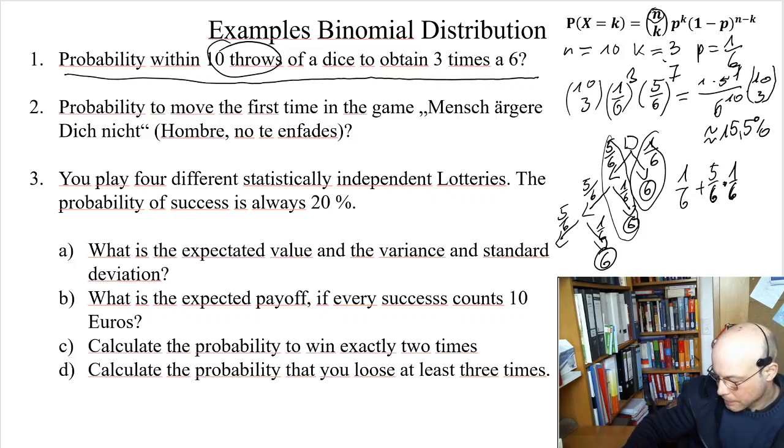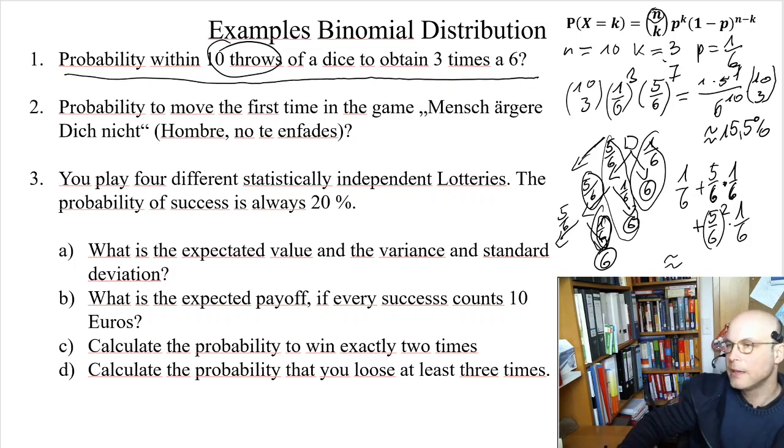And plus 5/6 squared, because this one, first, we don't have a 6, second time rolled, and the third time, again, 1/6. And if we sum up these probabilities, we come to roughly 42%.